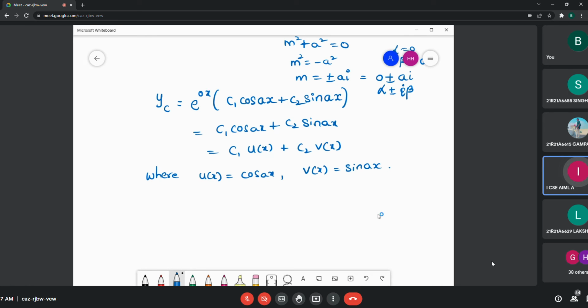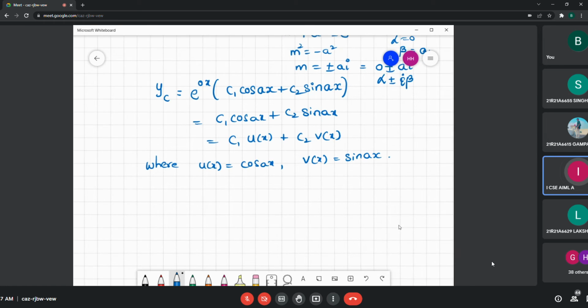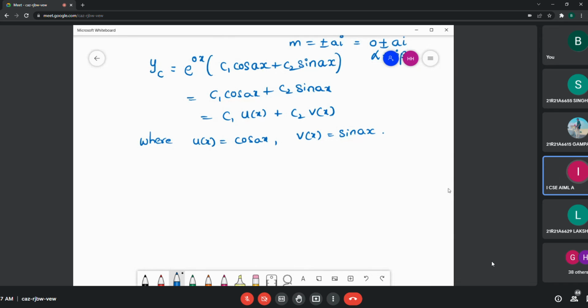So these are the u and v, and now we have to find the particular integral yp. The formula for yp is equal to A into u of x plus B into v of x, so A cos ax plus B sin ax.